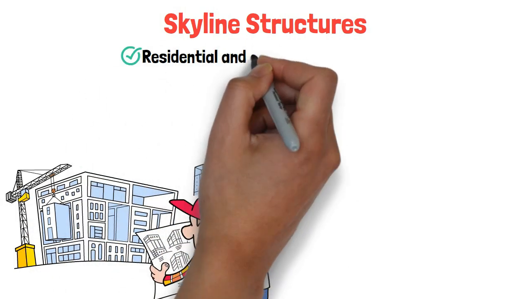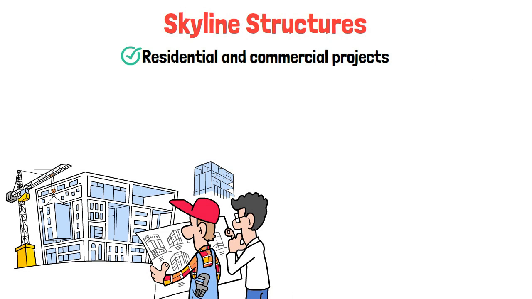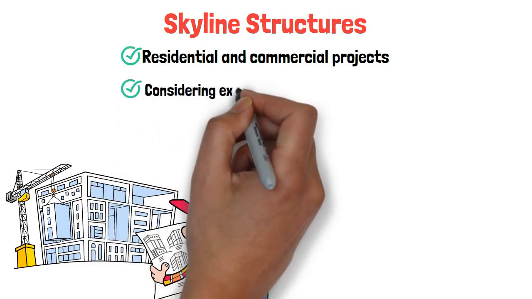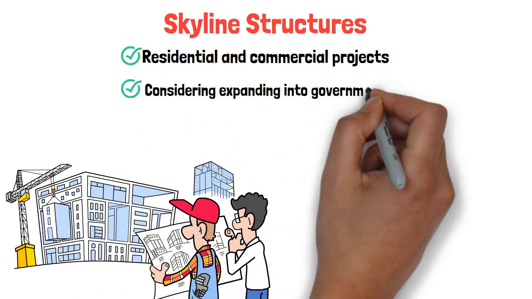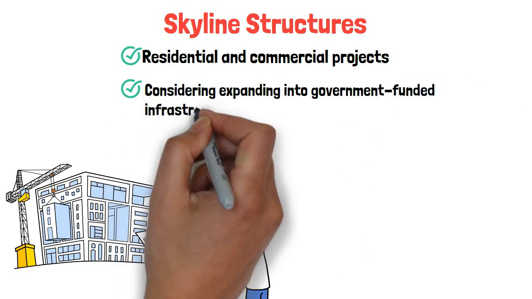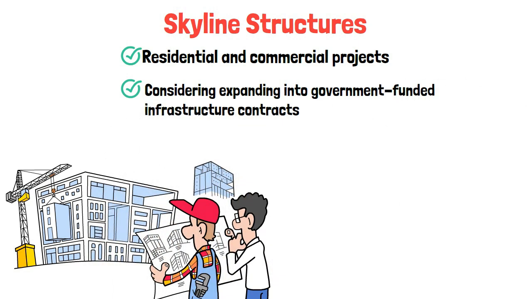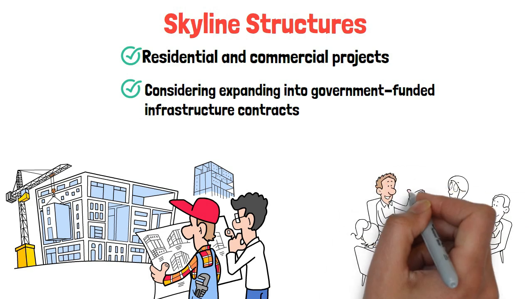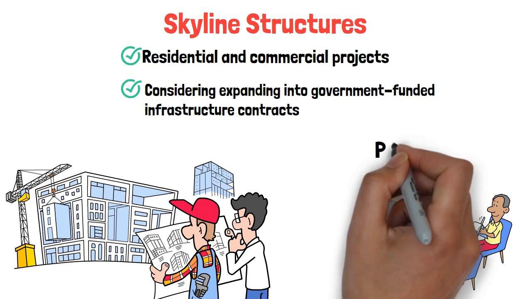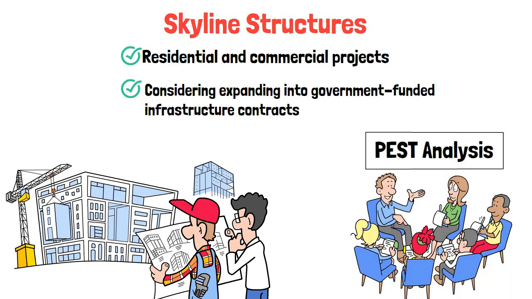Skyline Structures is doing well. They've completed dozens of residential and commercial projects and are now considering expanding into government-funded infrastructure contracts. Before taking that big leap, their leadership team meets to perform a PEST analysis to evaluate the external environment.